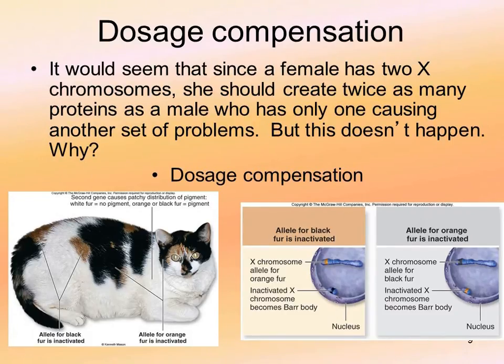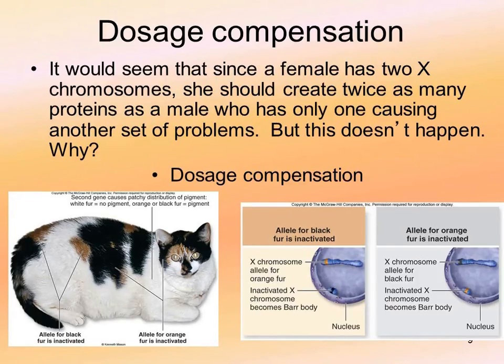When it becomes condensed, the genes are hidden, and that means that they cannot be used for protein synthesis. A condensed chromosome is inactive. We talked about that during the mitosis and meiosis chapters.